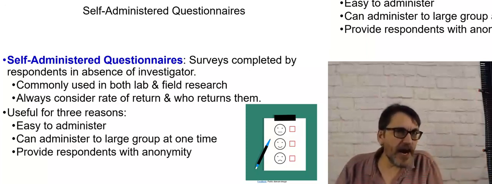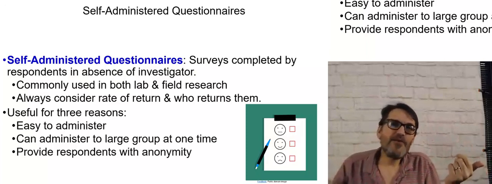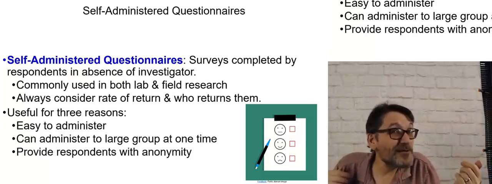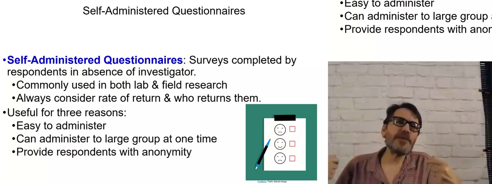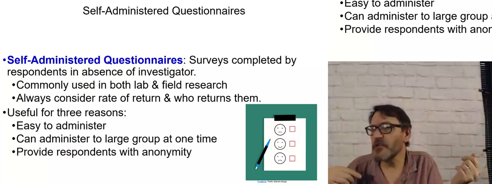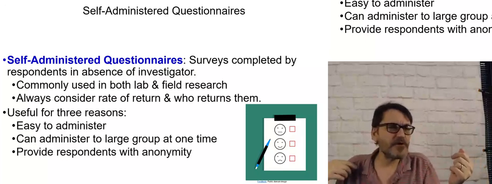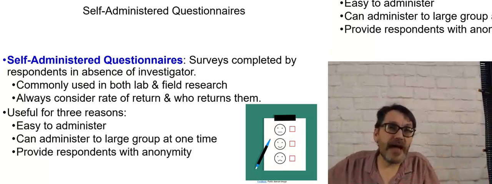But you always have to be careful because sometimes people tell you what they want you to hear rather than the truth, right? So there are lots of issues, and sometimes a very specific type of person completes questionnaires and another type of person does not. So you've got to be careful with what you get, all right?